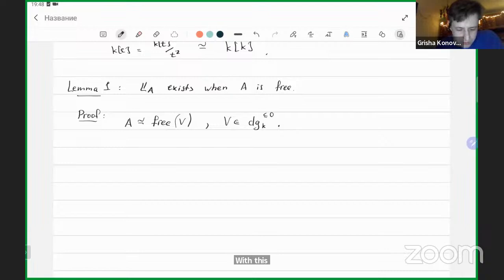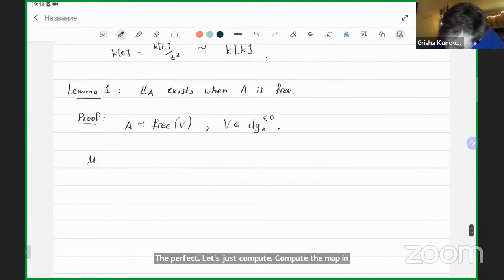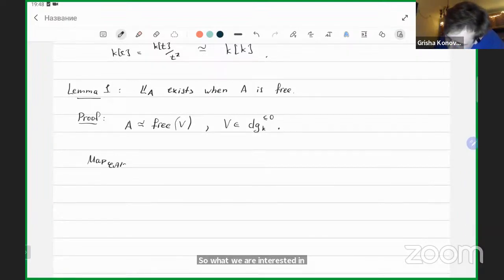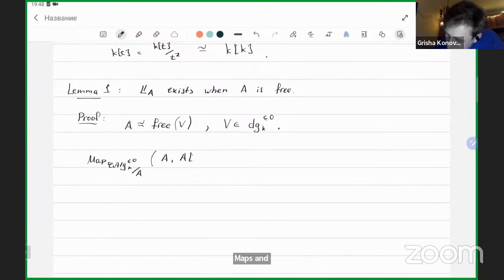And the proof is formal. Let's just compute the mapping space. What we are interested in is maps in this comma category from A to A extended by M.